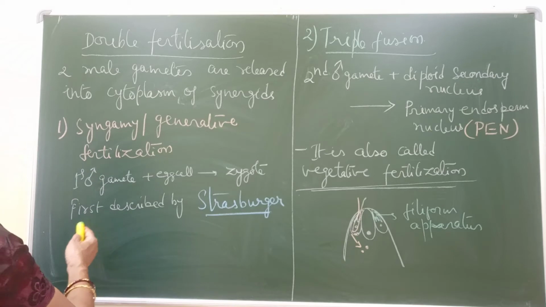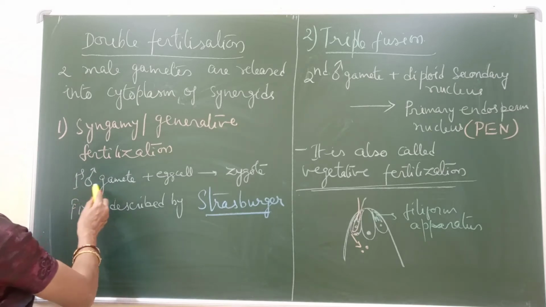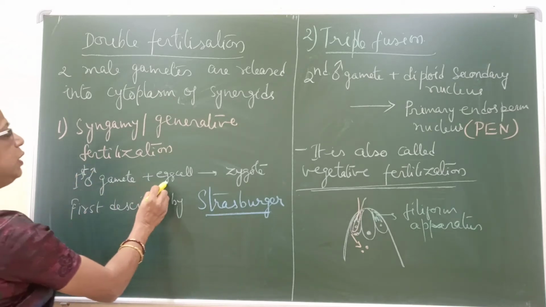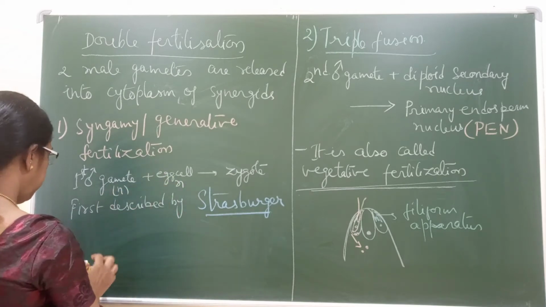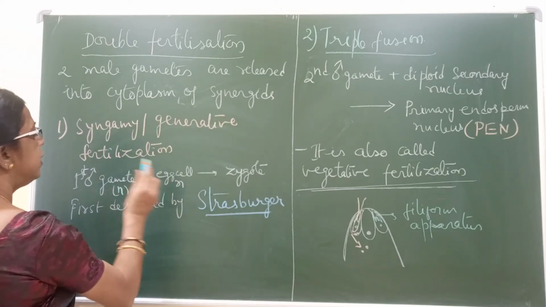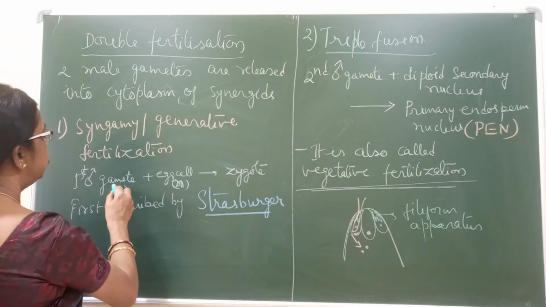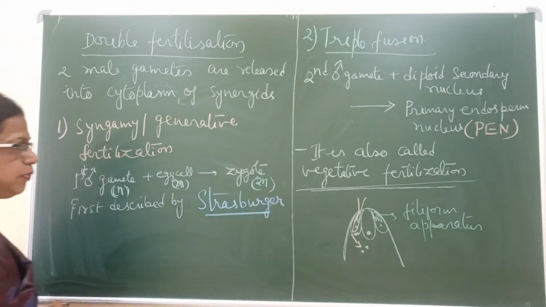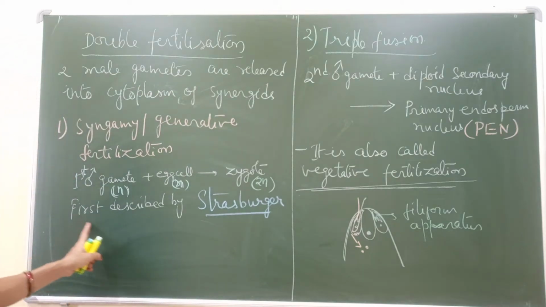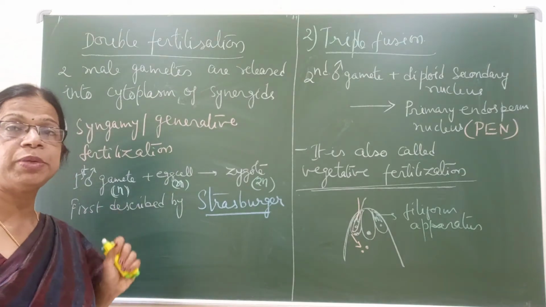Here the first male gamete fuses with the egg cell. Both are haploid, and this gives rise to a diploid zygote.